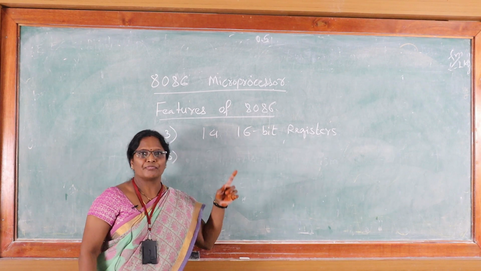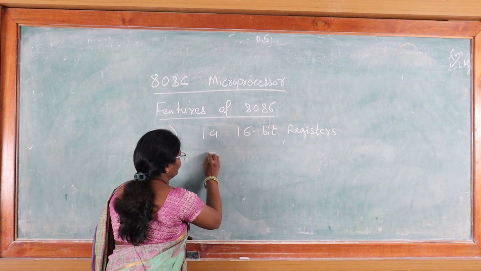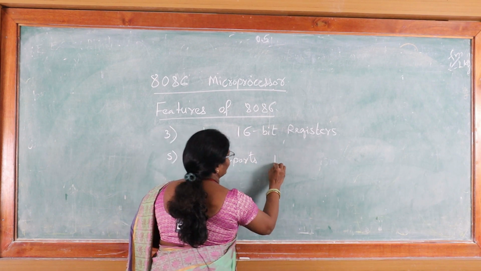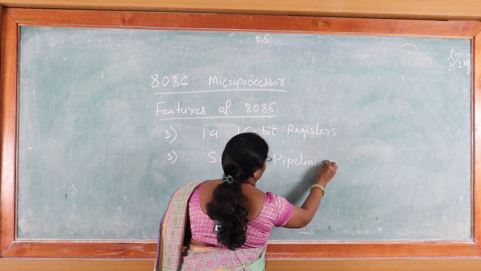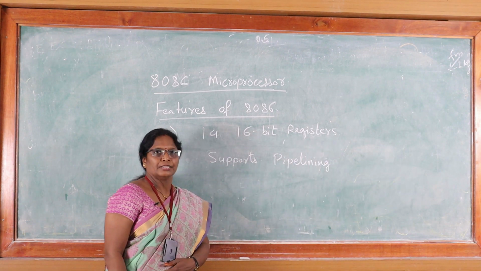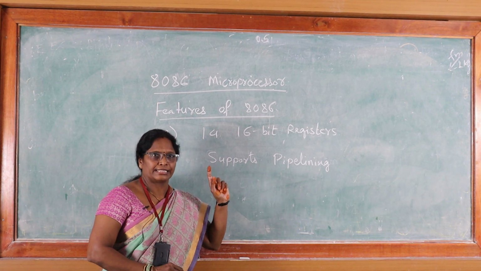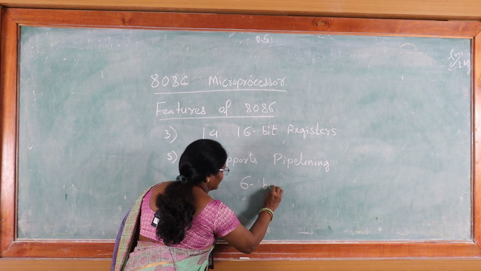Fifth feature of 8086 is it supports pipelining. Here architecture of 8086 contains a 6-byte instruction queue.